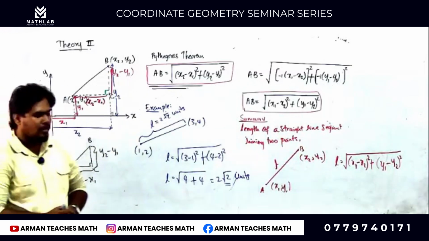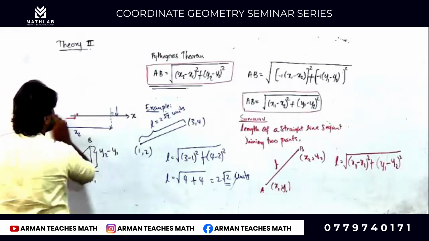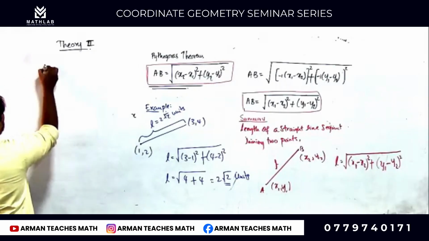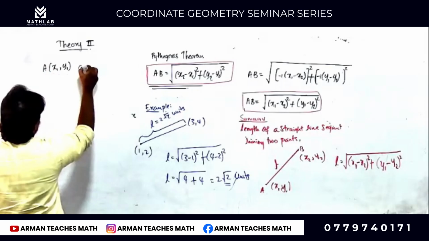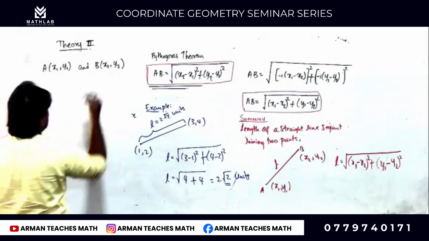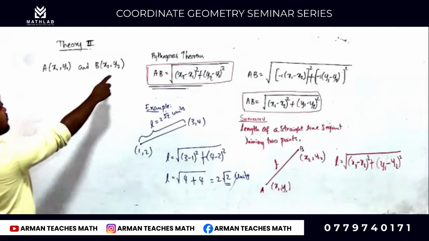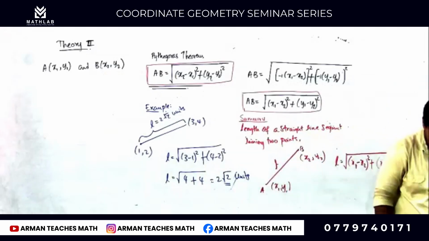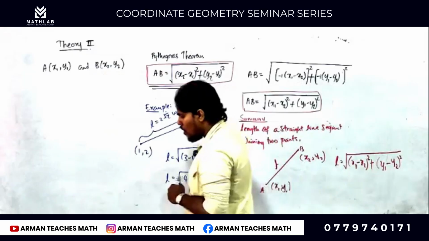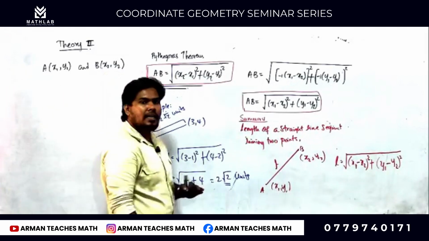So in a separate line, right? Consider A (x1, y1), capital A point, coordinates are x1, y1, and B (x2, y2).